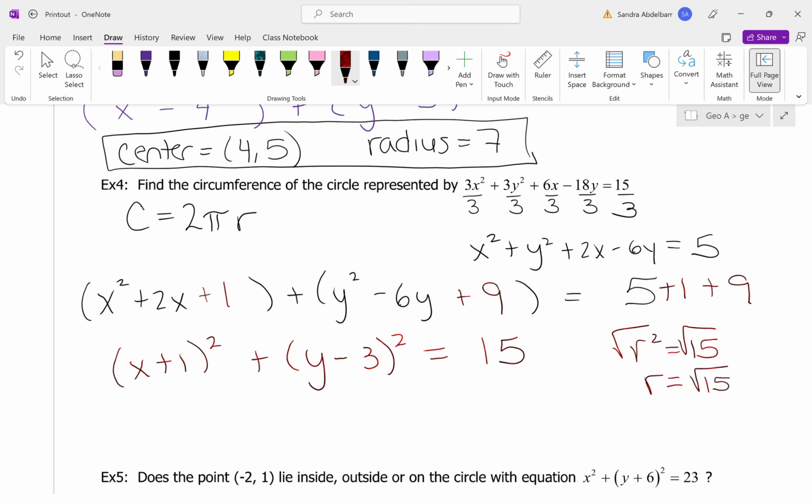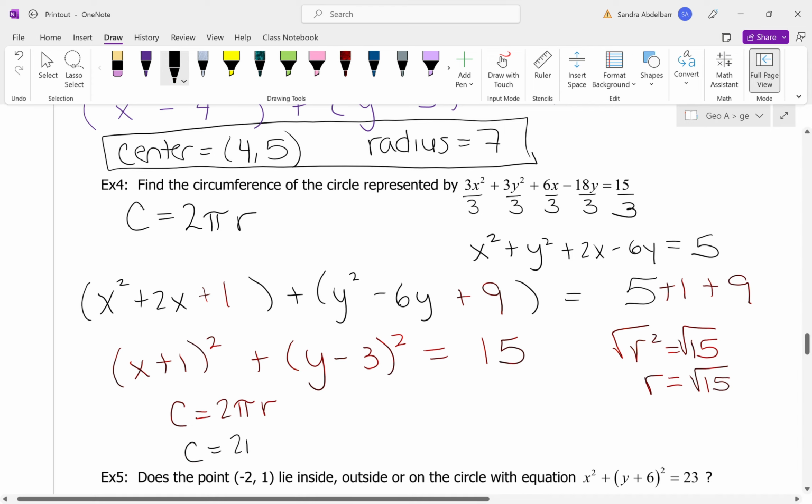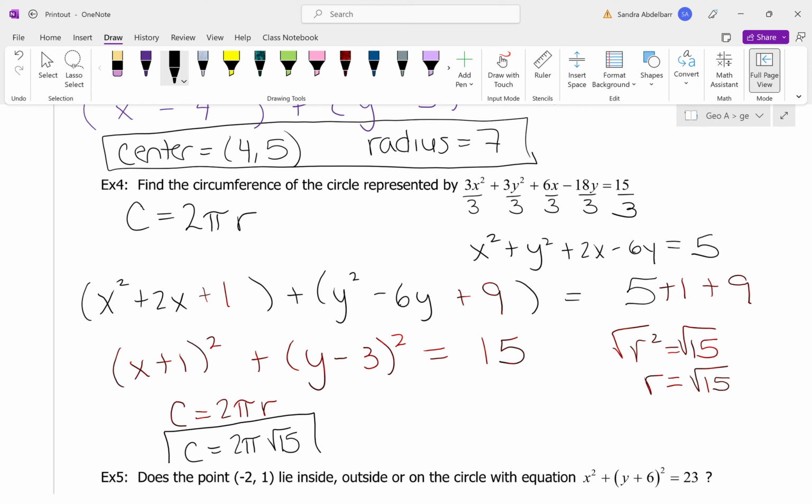Are there any pairs in 15? No pairs, so just root 15. So now that I know the radius, I can find the circumference. C equals 2 pi r. So C will equal 2 pi root 15. That is our circumference. Leave the pi? Yeah, always leave the pi.